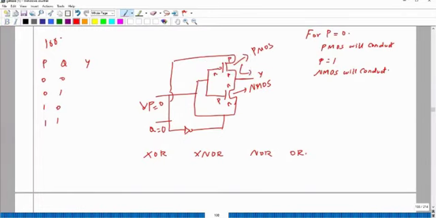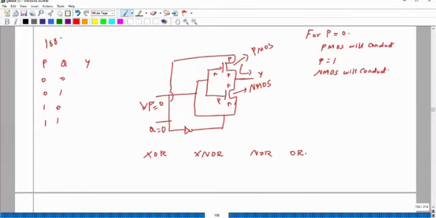Next. This is nothing but a 2:1 mux. What does mux mean? It is many to 1.